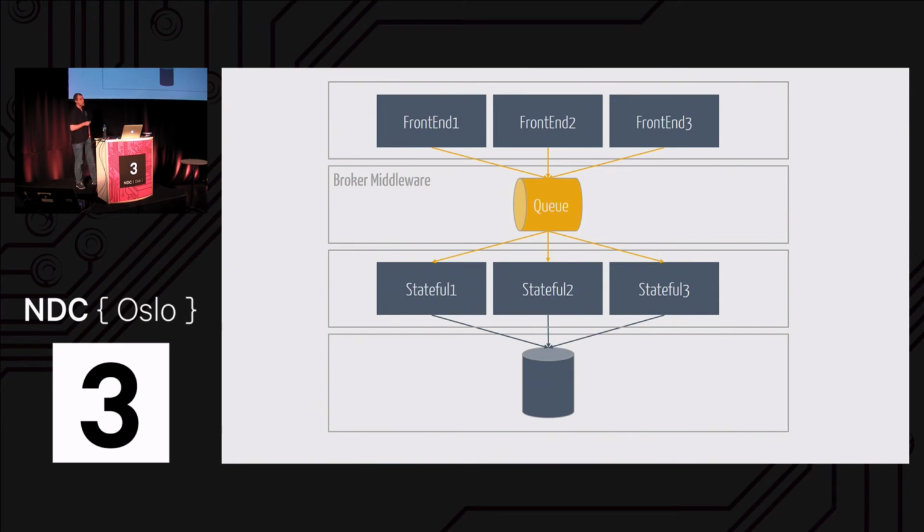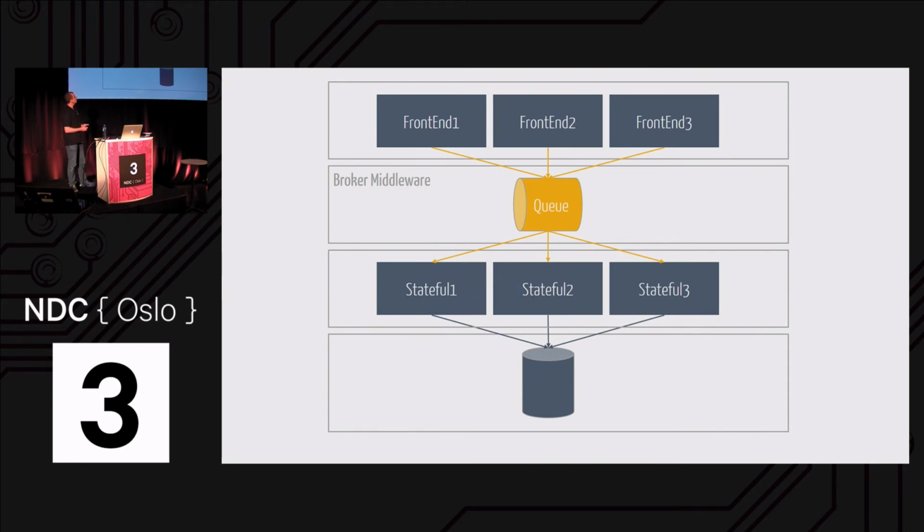We introduce, between the stateless frontend and the stateful middle tier, some kind of broker middleware like Azure Service Bus. Every time an order is created on the stateless frontend, we will shuffle that order as a message into a queue on Azure Service Bus, or RabbitMQ if you're running on premises.